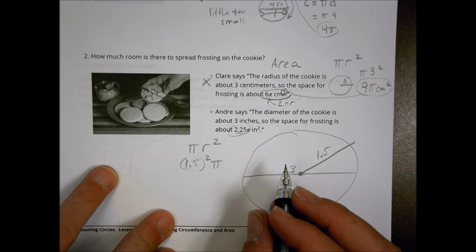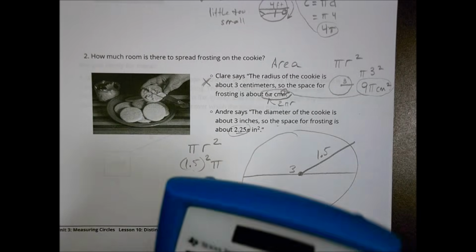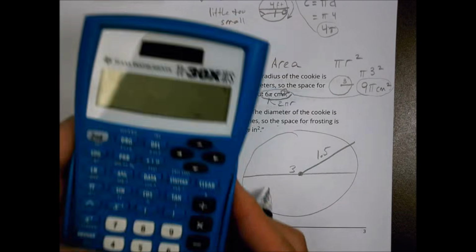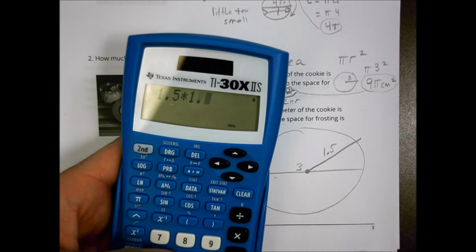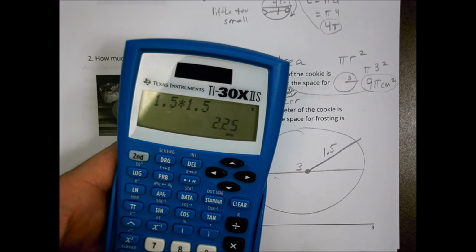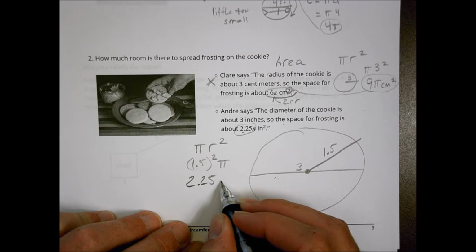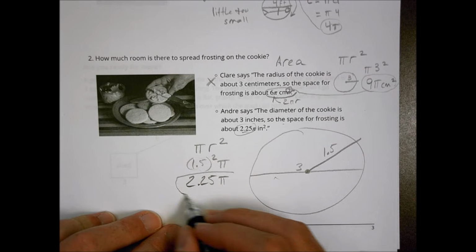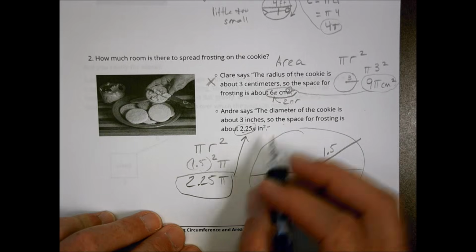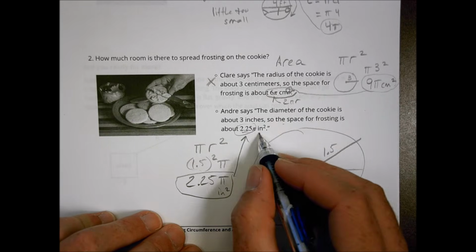And 1.5 times 1.5 is equal to 2.25. So 2.25 pi. That does seem to match that right there. And again, it's inches squared, so we're okay with our units there.